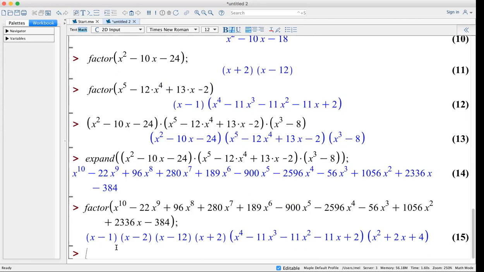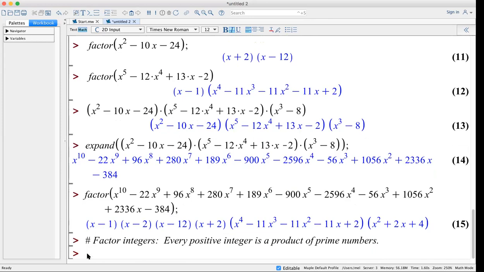Now, if you're interested in integers, you should have learned somewhere along the way that every positive integer is a product of prime numbers.